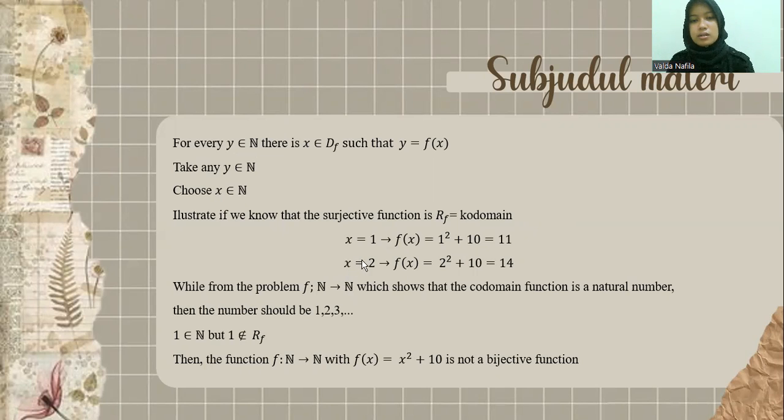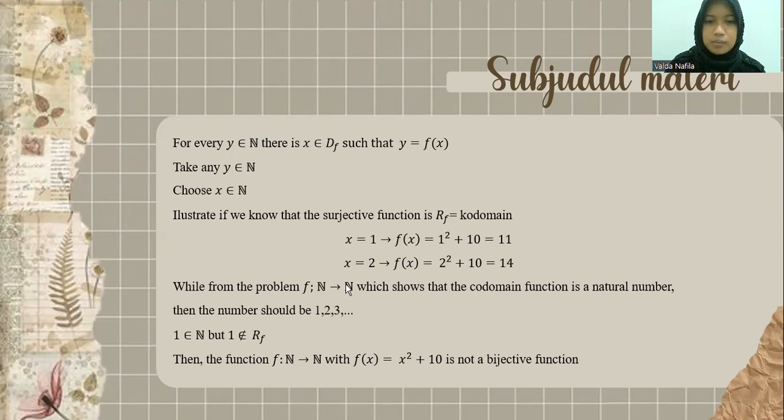If x equals 2, it implies f(x) equals 2 squared plus 10 equals 14. Well, from the problem, f from N to N shows that the codomain is the natural numbers, so the numbers should be 1, 2, 3, and so on. 1 is an element of the natural numbers, but 1 is not an element of Rf. So this is not a surjective function.